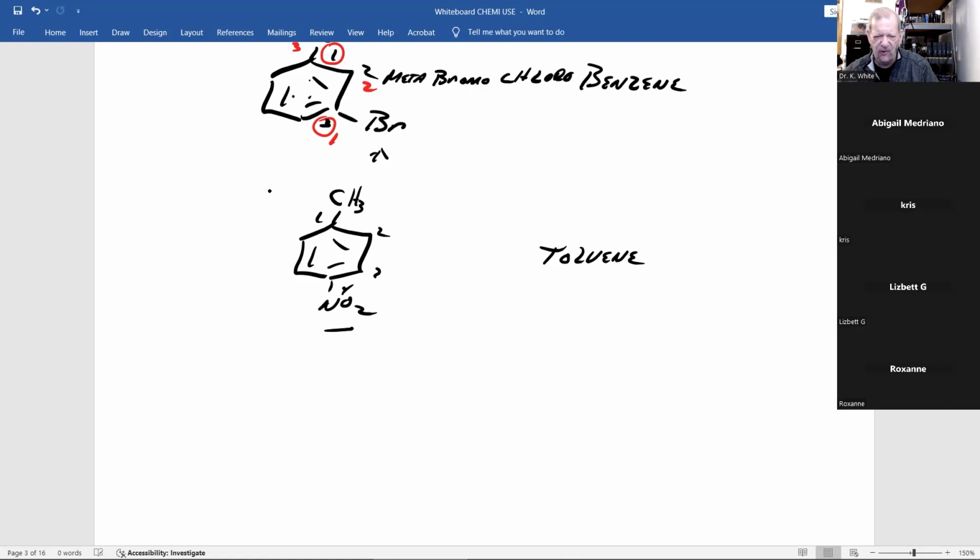NO2 is the nitro group. And 1,4-disubstituted is para. So this would be para-nitrotoluene. Now, if you have more than 2 groups on a ring, then you use numbers.